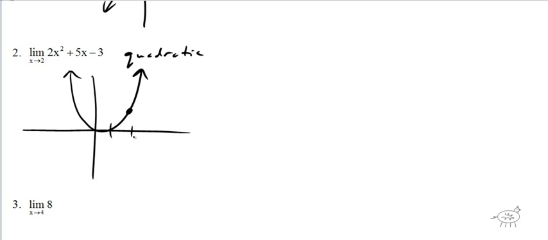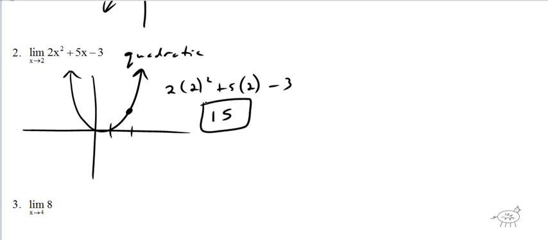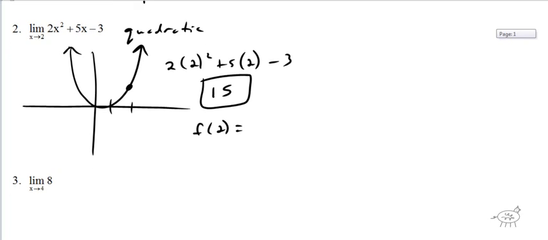So I can just do a direct substitution. I have 2 times 2 squared plus 5 times 2 minus 3. That gives me 8 plus 10, 18, minus 3 is 15. That's the answer to that problem, which is the same as f of 2 by plugging it in. Because there's no hole there, you can plug it directly in. Not bad so far.